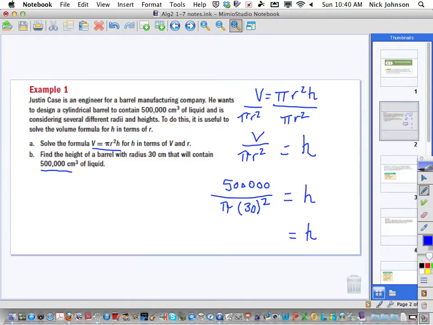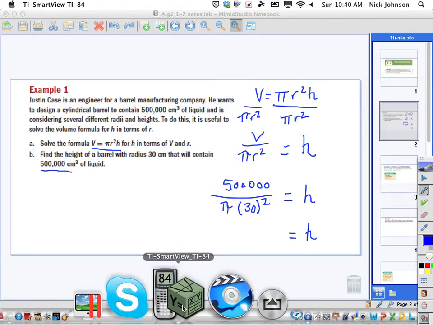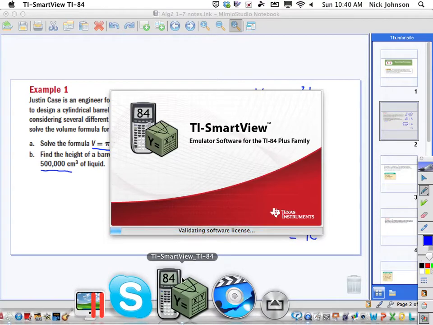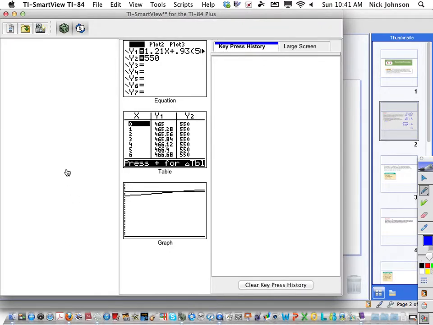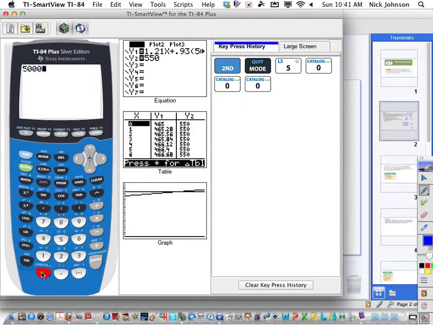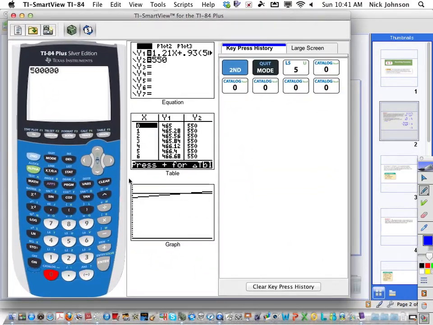And so we go to our calculator. You take 500,000, divide it by pi, and pi is located right here.